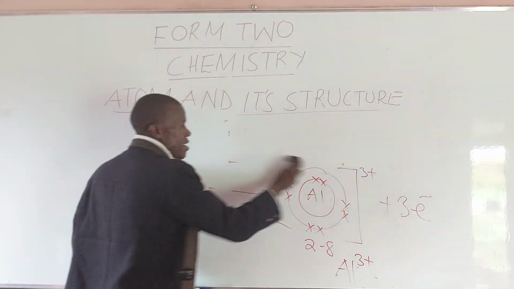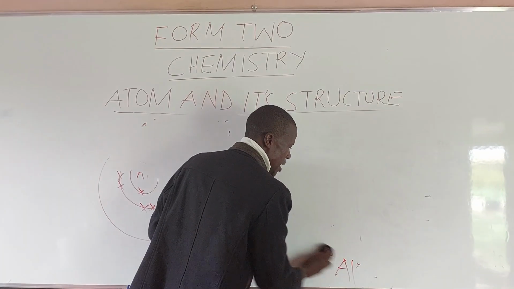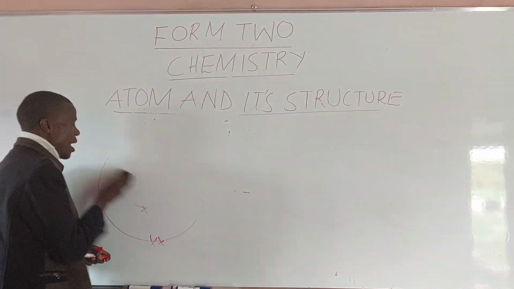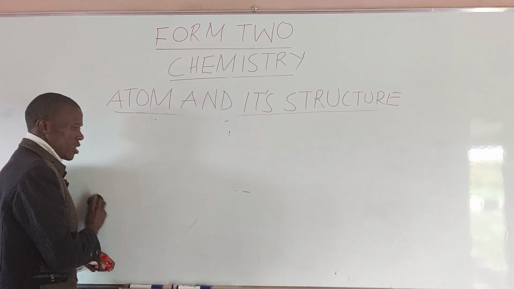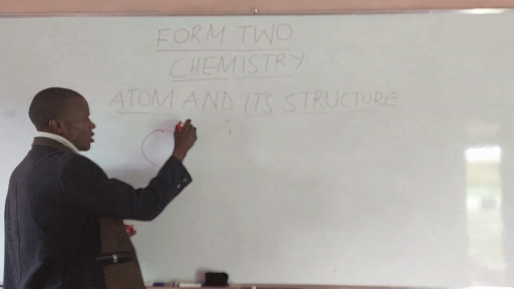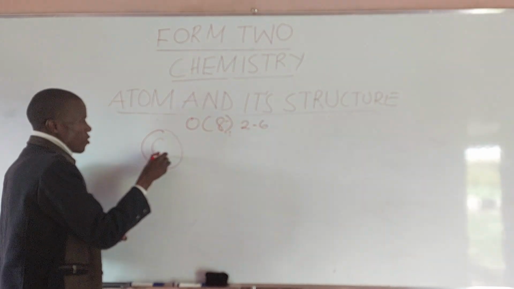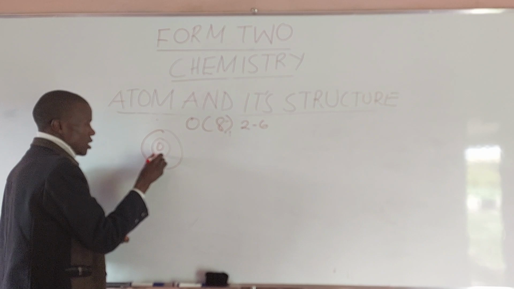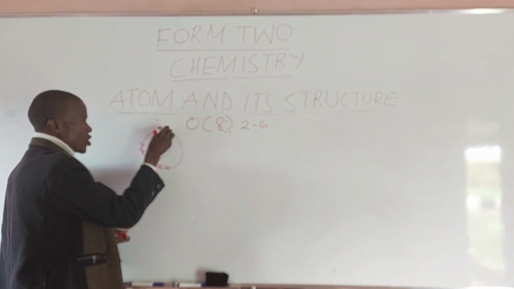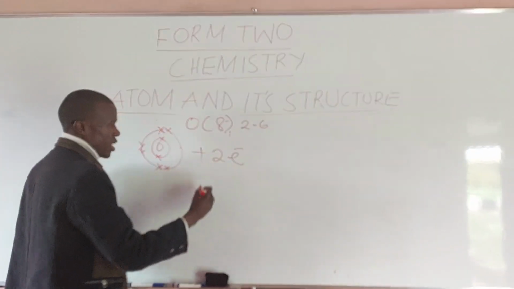What about the non-metals? Non-metals, except group 8 elements, which are naturally stable, form ions by gaining electrons. Let's say we have oxygen. Oxygen is atomic number 8, therefore 2:6. For oxygen to attain stability, it forms an ion by gaining 2 electrons. So we're going to have 2 electrons there.